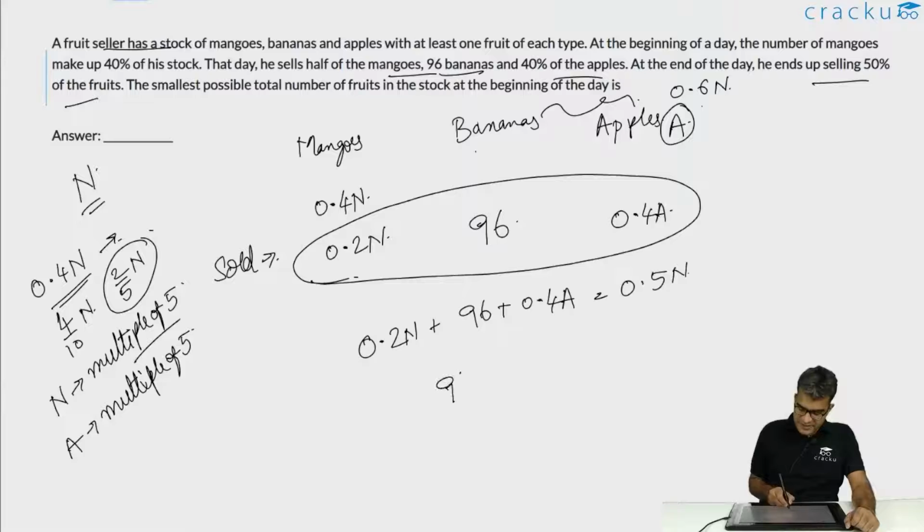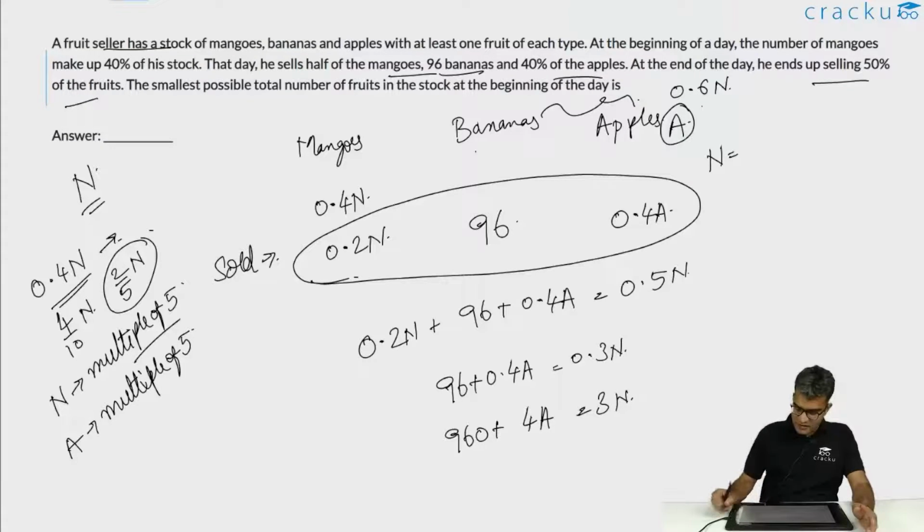This would imply that 96 plus 0.4A will be equal to 0.3n. Let us multiply the entire equation with 10 so that we can remove the decimals. So 960 plus 4A is equal to 3n, or the value of n is equal to 320 plus 4 by 3 A.